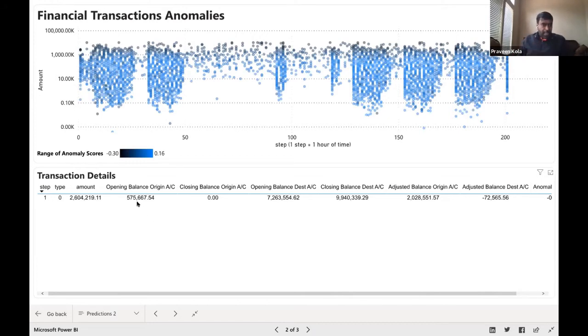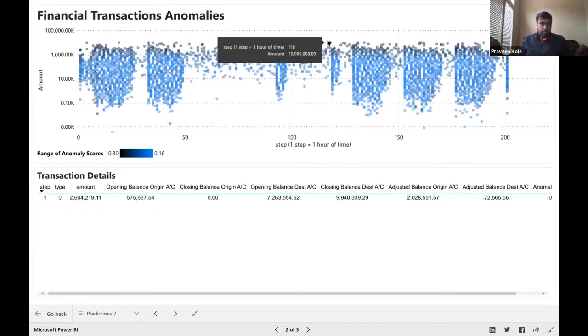The actual balance is only 500K, but you are trying to move 2 million as a money transfer. So the system spotted that as an anomaly. How can that happen? You don't have that amount in your balance, and you are moving that to a destination account, and that is spotted as one of the anomalies.